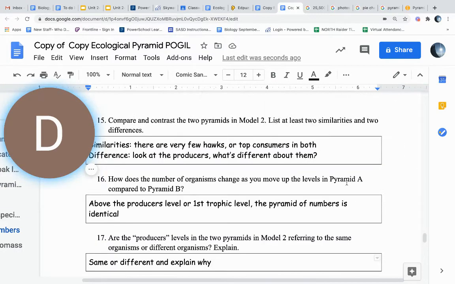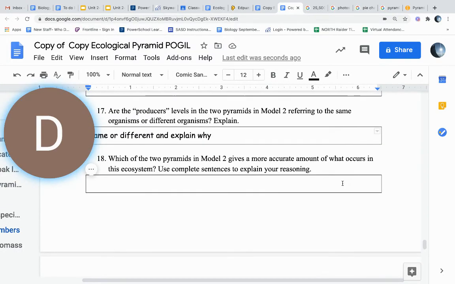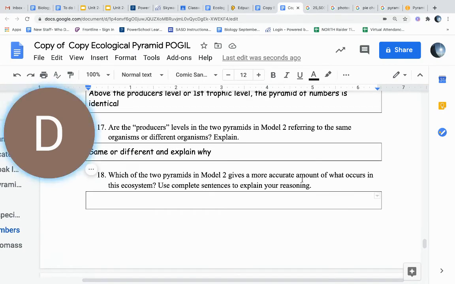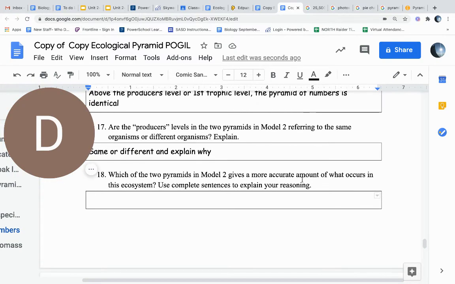So I would argue that B is probably a better estimate and a better representation of what occurs, because it represents all of the photosynthetic units within the larger organisms.